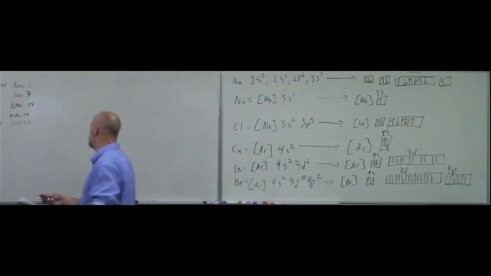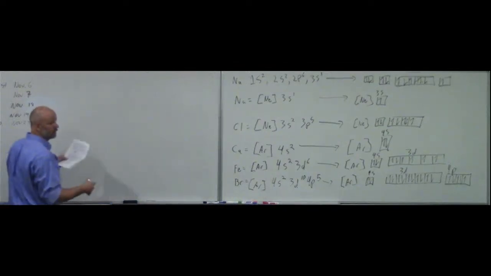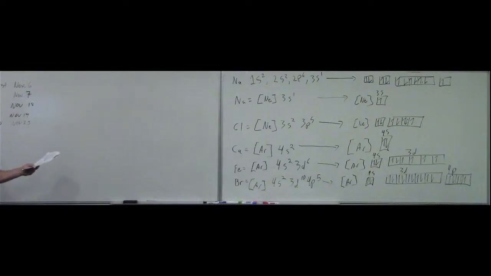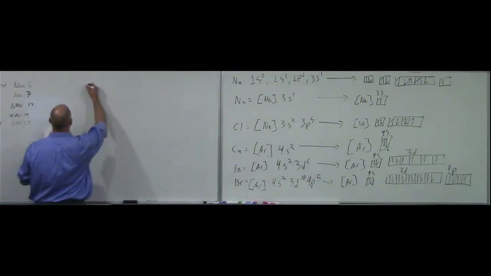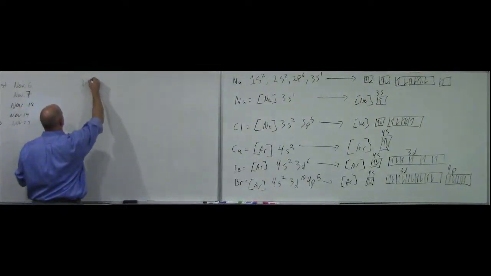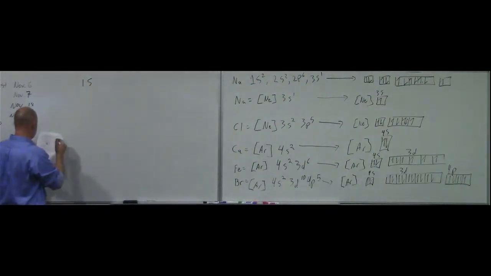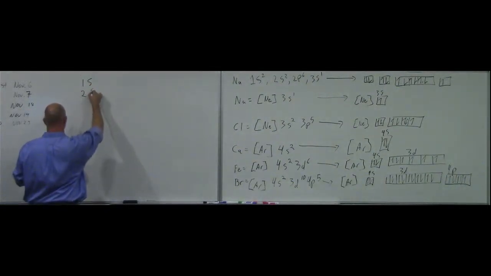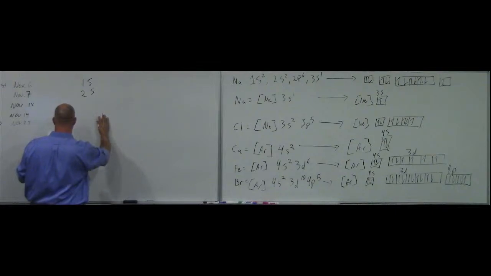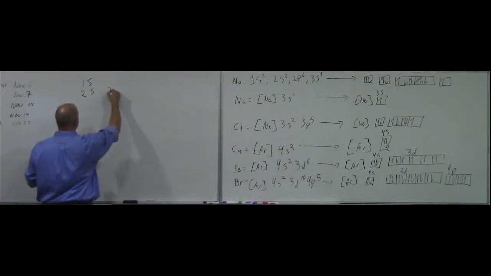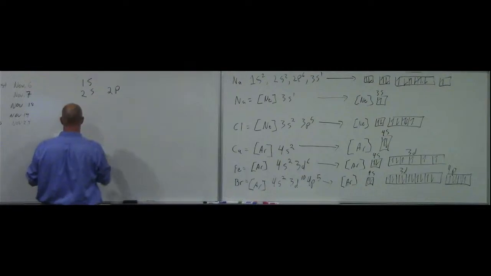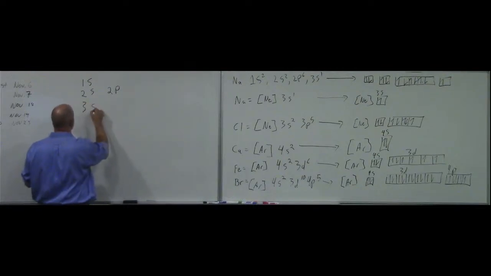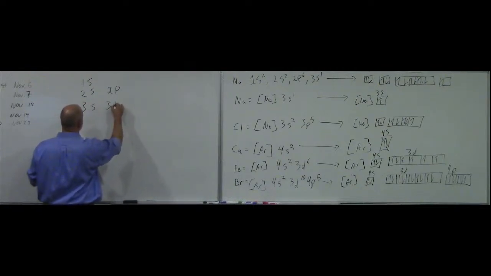Okay, what's the first shell I'm going to fill? 1s, right? And the next one? 2s. And the next one? 2p. And the next one? 3s. And the next one? 3p.